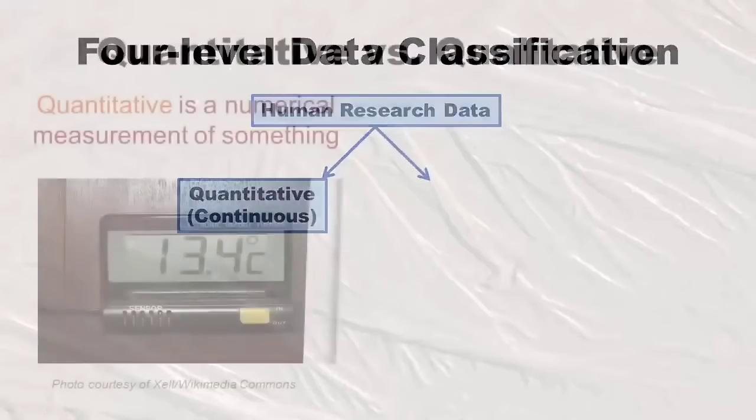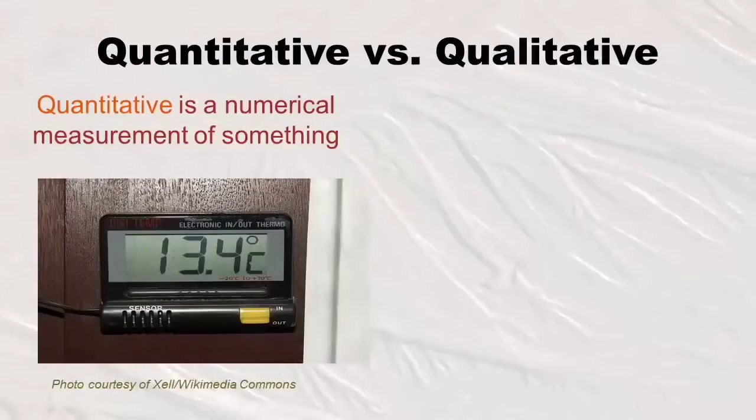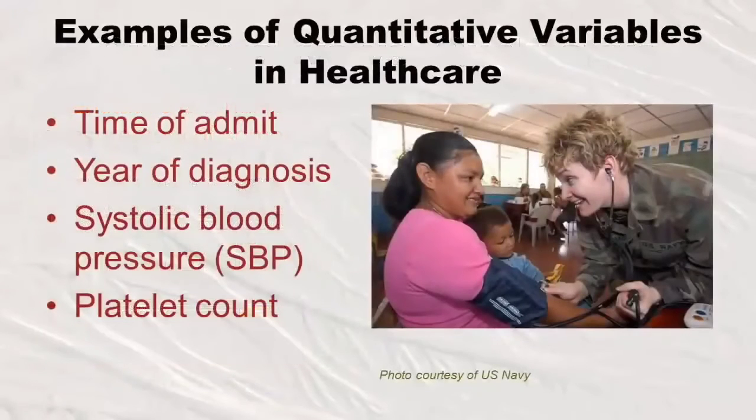So what does that mean? That is a numerical measurement of something. This gives an example of temperature. So something with a number in it. I always think if I can make a mean out of it, it must be a quantitative variable, right? And so here's an example of quantitative variables. Time of admit.